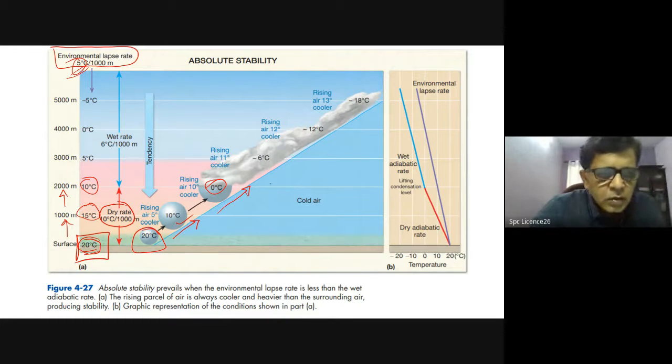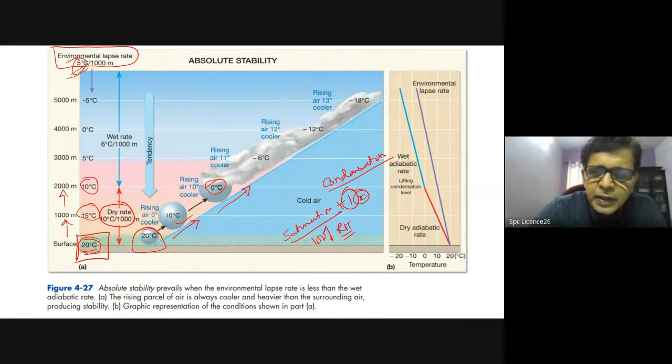Now let us say that here you have condensation. Condensation, by the way, can be explained as saturation plus 1 or plus X, whatever you can say. Saturation is 100% relative humidity.